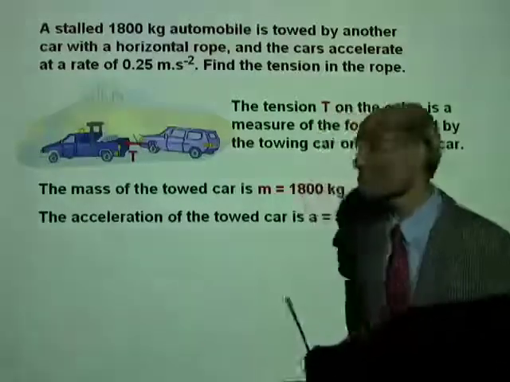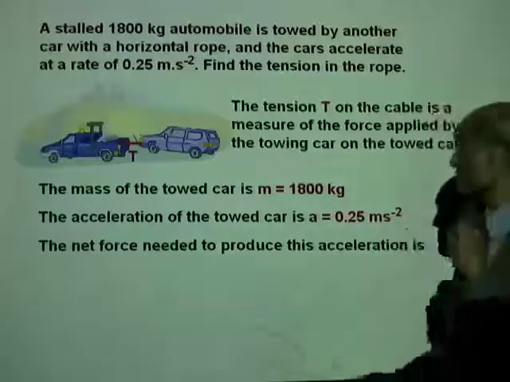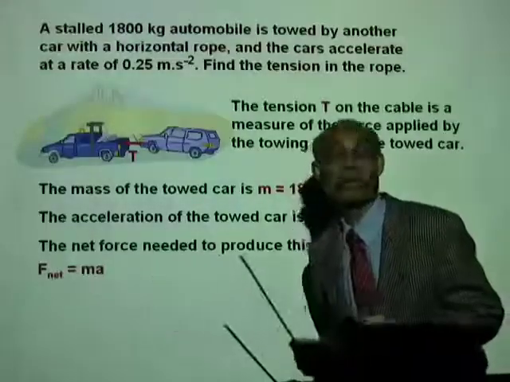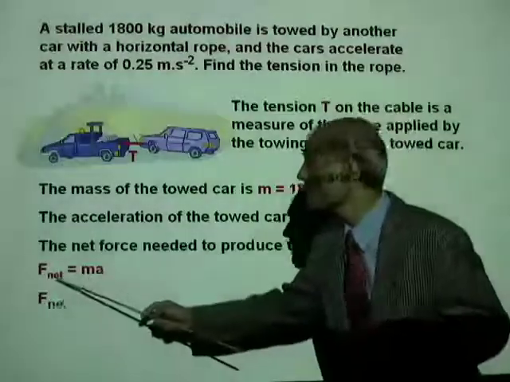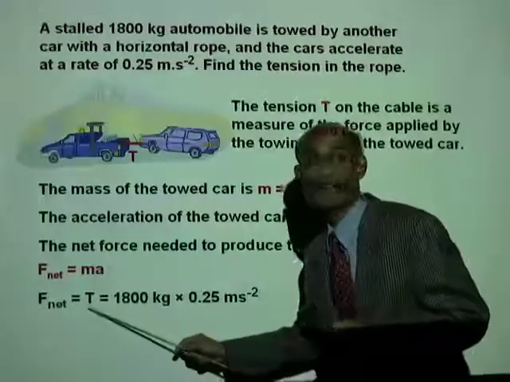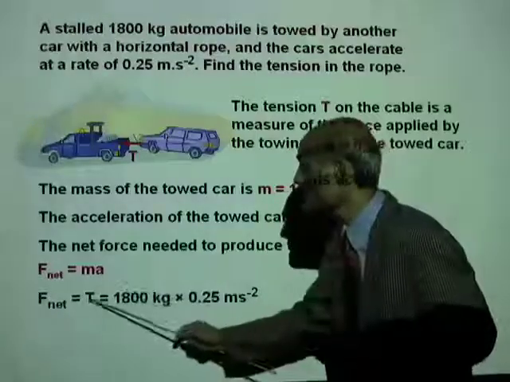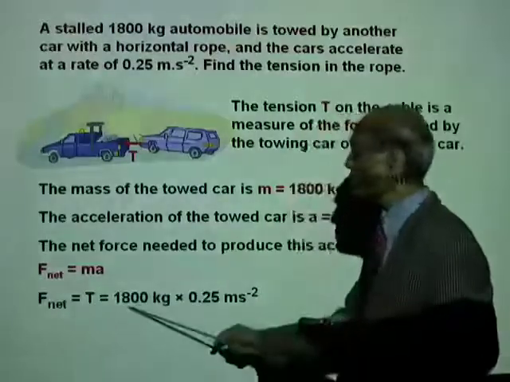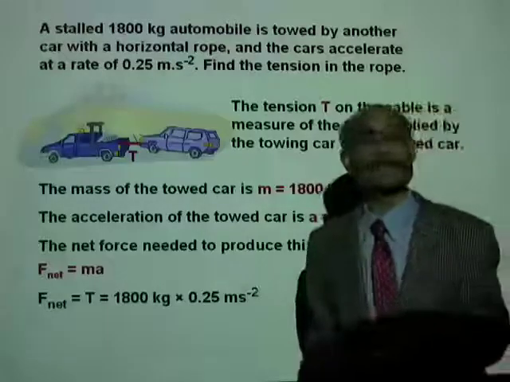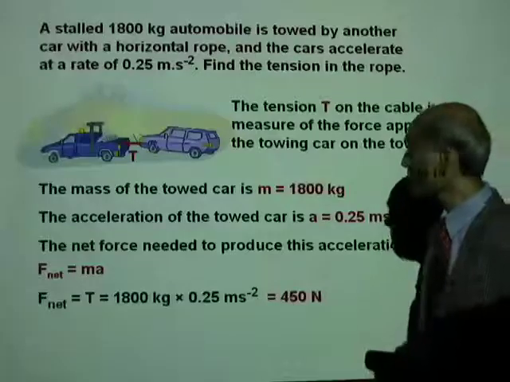So it is a very simple problem. The net force needed to produce this acceleration is F_net equal to ma, and that F_net is the tension. So T equals ma, T equal to 1800 kilogram times 0.25 meter per second squared, and that will be 450 Newton.